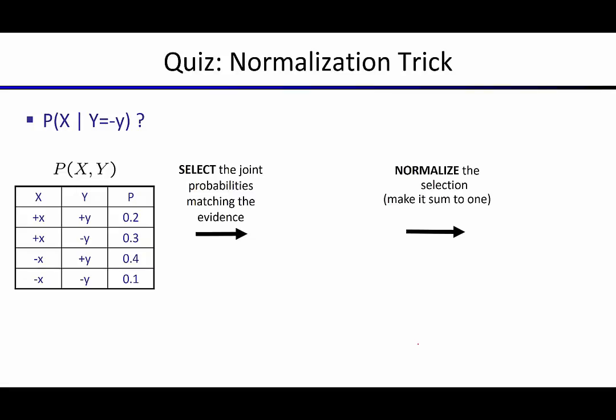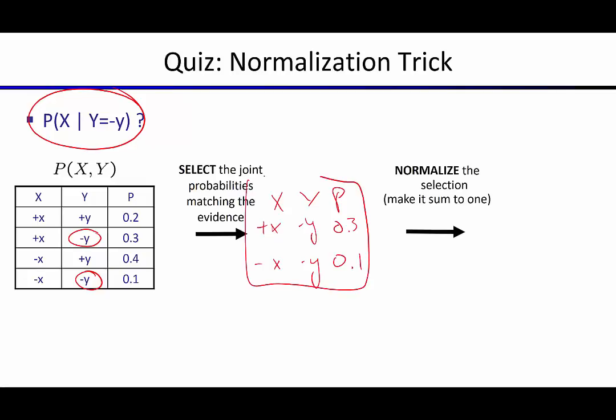So let's try to do this. Step through this for this particular table over here. We're interested in the conditional of x given the evidence that y equals negative y. First step, we just select the joint probabilities that match the evidence. So which joint probabilities match the evidence? Negative y is sitting here and here. So we end up with x, y, p. We have negative y, we have plus x, negative x, 0.3, 0.1.